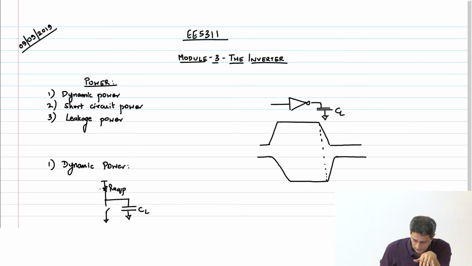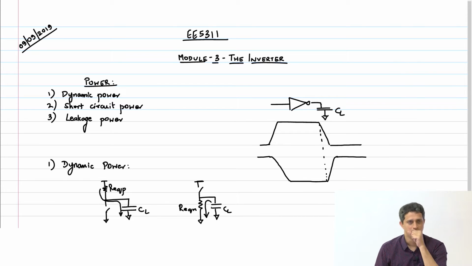And therefore the charging is going to happen where all the current from the supply will be used to charge the capacitor to VDD, right? And similarly, when we are talking of the discharging case, the PMOS will be cut off and the capacitor will get discharged through the NMOS transistor like this.